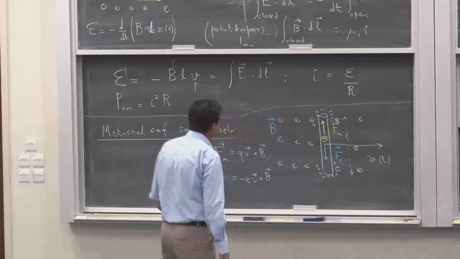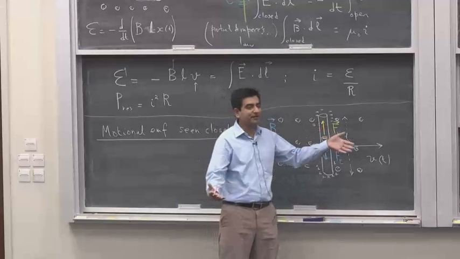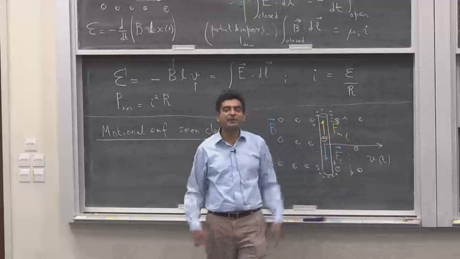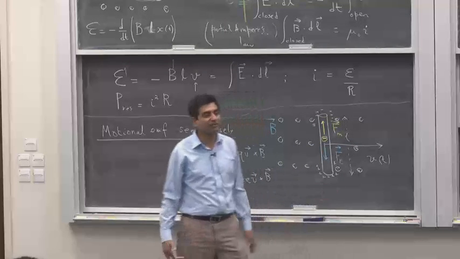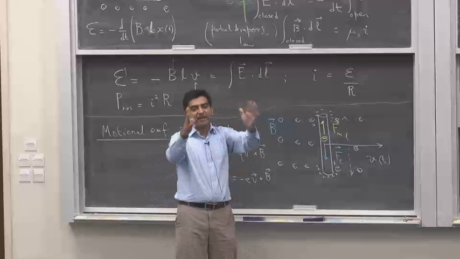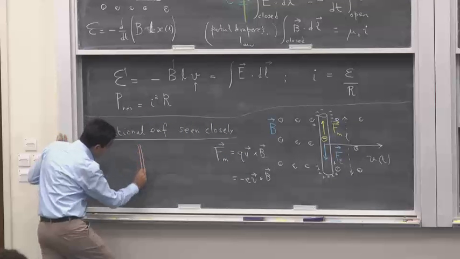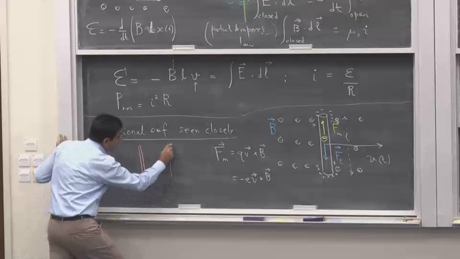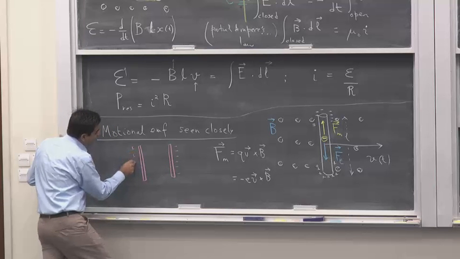Now in a battery what we have is a separation of charges. A capacitor can momentarily act as a battery, but when it drains its current, it's no longer a battery. So in a battery, we have a separation of positive and negative charges. So a battery is simply two plates. One of them acquires a negative charge, the other acquires a positive charge.